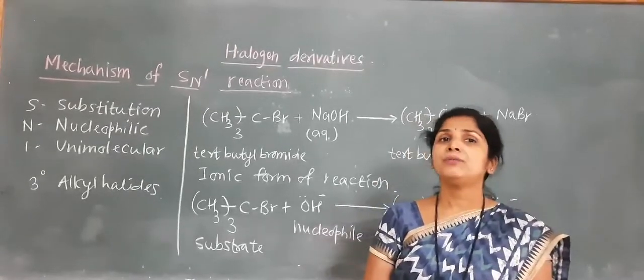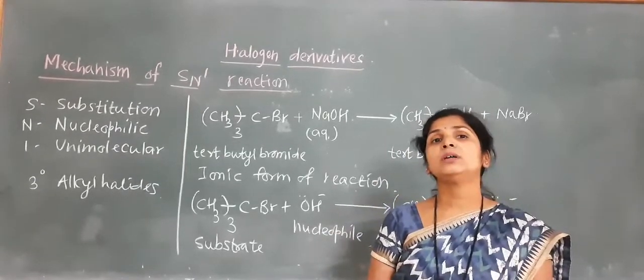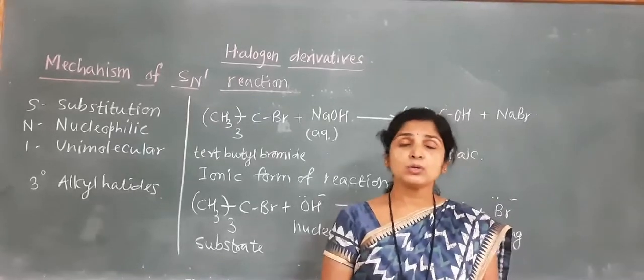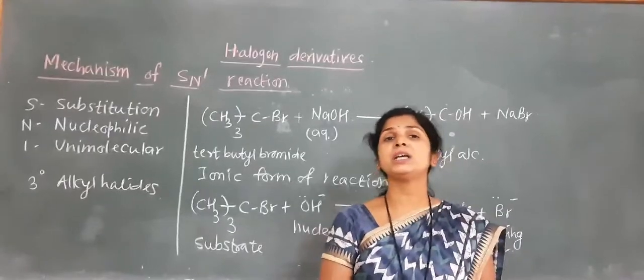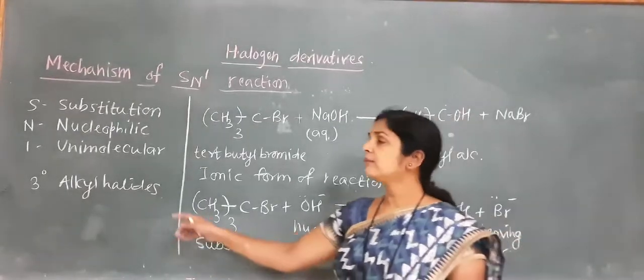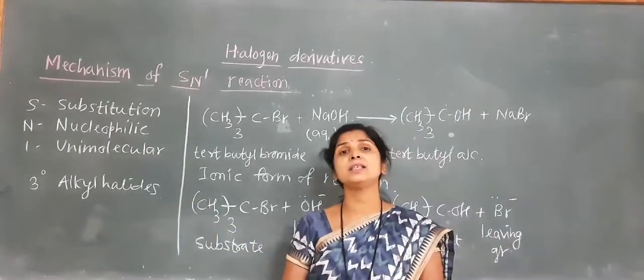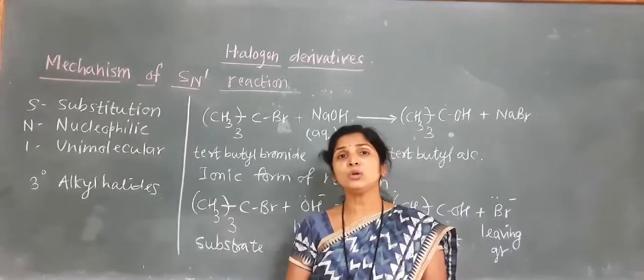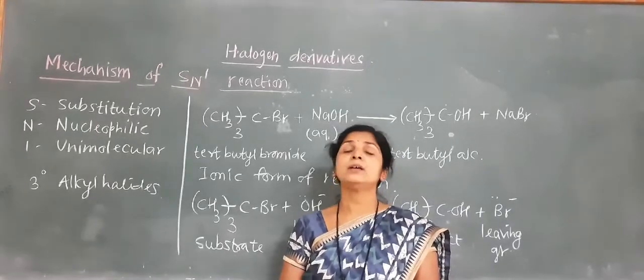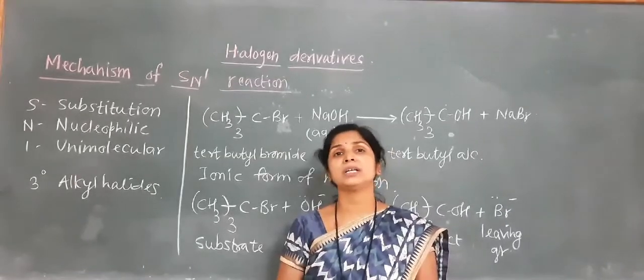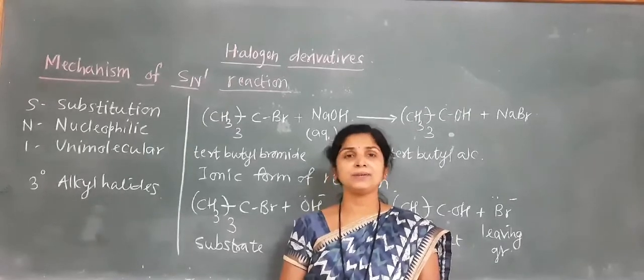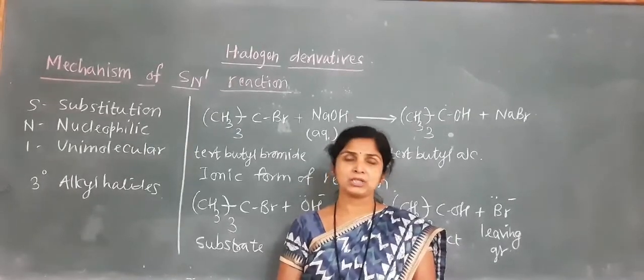So, when we talk about the alkaline hydrolysis of tertiary alkyl halides, they undergo the nucleophilic substitution reaction, but the mechanism is SN1, which is different from the SN2 reaction.